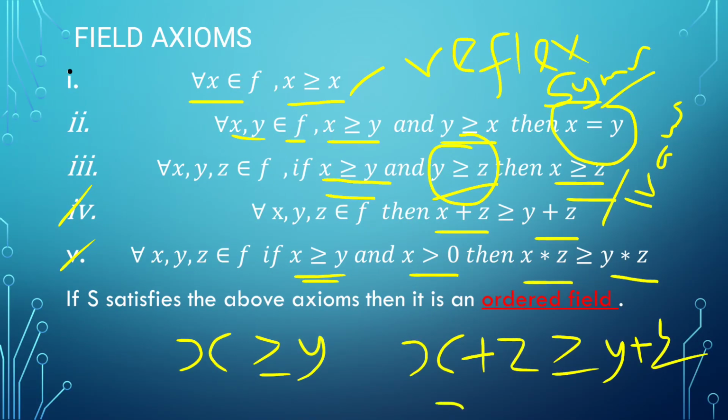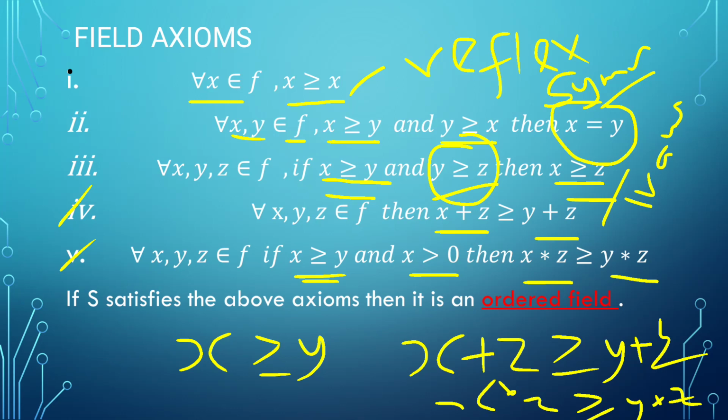And if you are applying multiplication, this is also true. And these are basically the 5 key axioms for an ordered field: reflexive, symmetry, transitive, and the addition and multiplication of that.